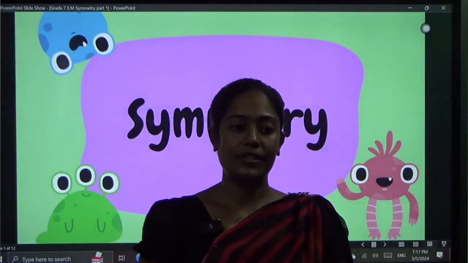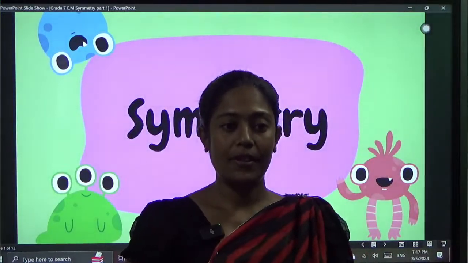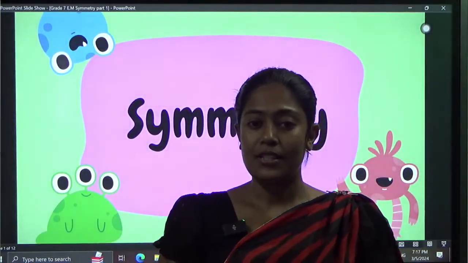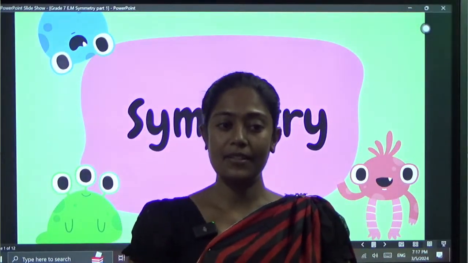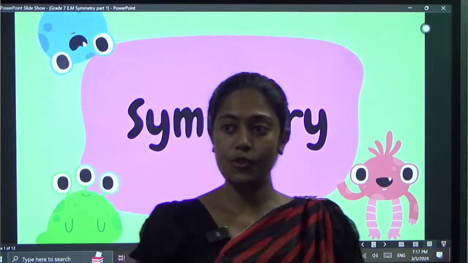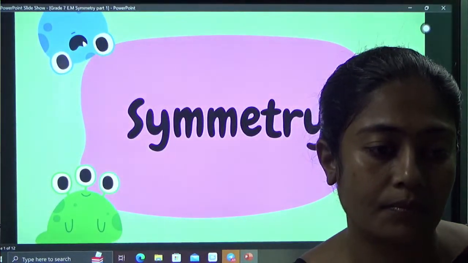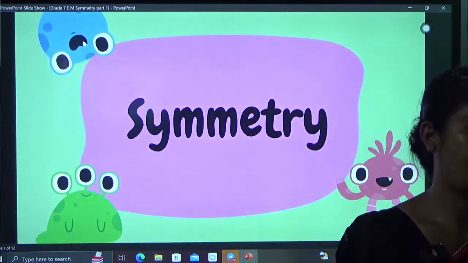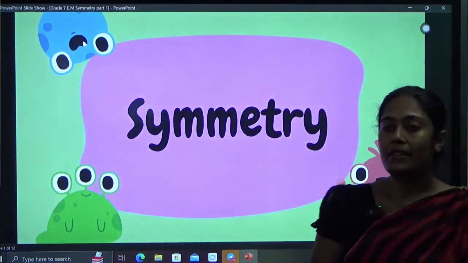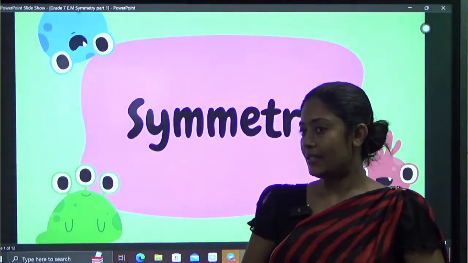Right, children, good evening all of you. Today we are going to learn the first lesson of the grade 7 textbook. The first lesson of the grade 7 book is symmetry.